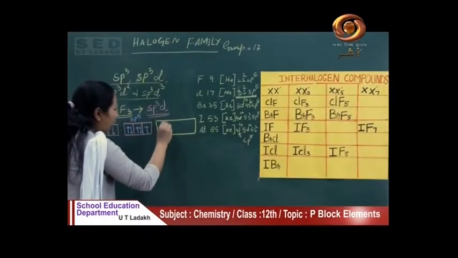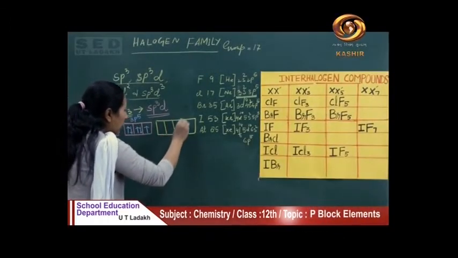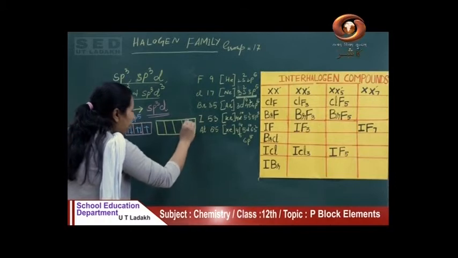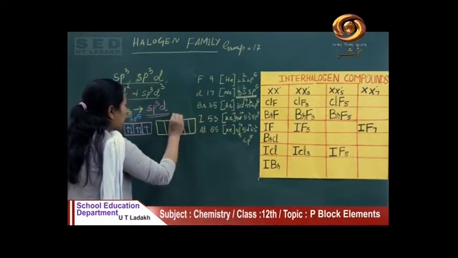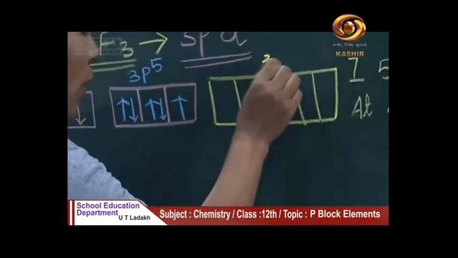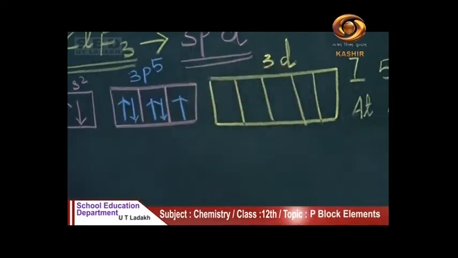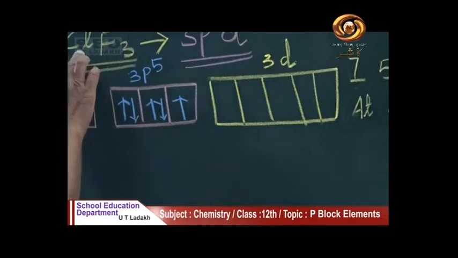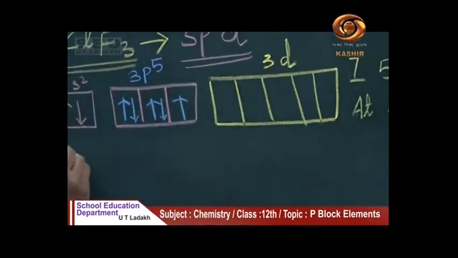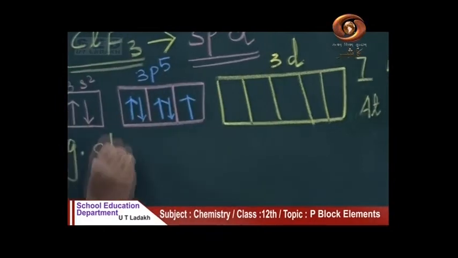The d orbital has 5 boxes, and it can accommodate 10 electrons. But in this case, it is empty in the ground state.